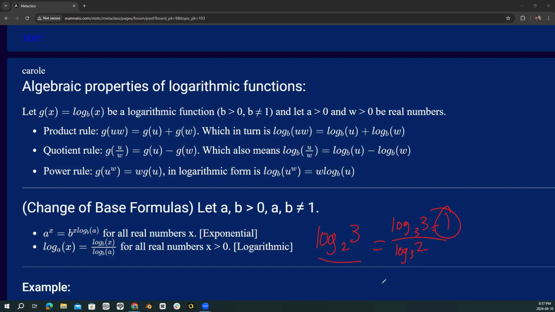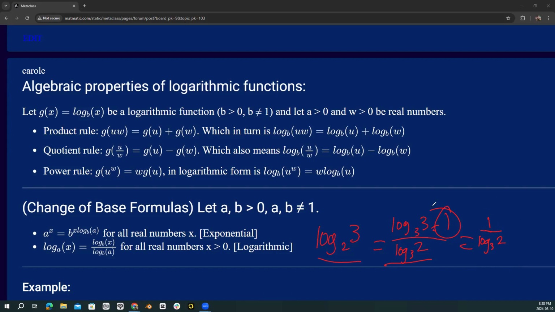So we get 1 here, and this we don't really have to simplify. We can just write this as 1 over log base 3 of 2. So this is our converted form.